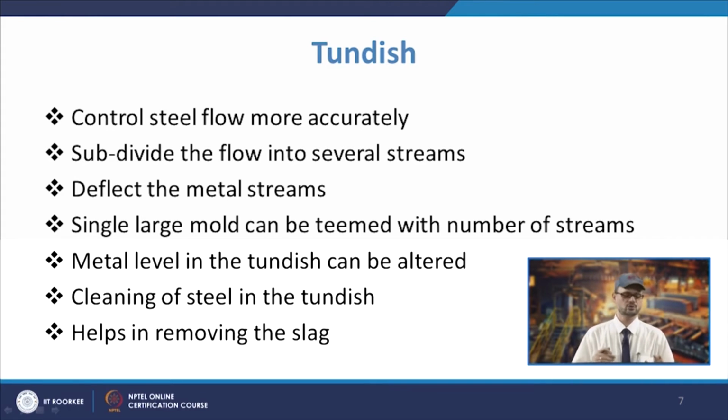Now it will also help in removing the slag, because slag, if there are any, will be floating at the top. So if the slags are entrained, because of the quiescent flow which can be maintained inside, you can allow these slags to float. In normal circumstances the slag will be at the top, and beneath that there will be molten liquid.